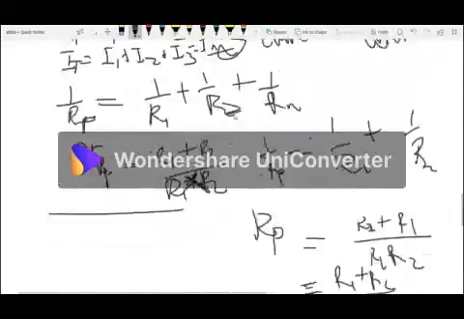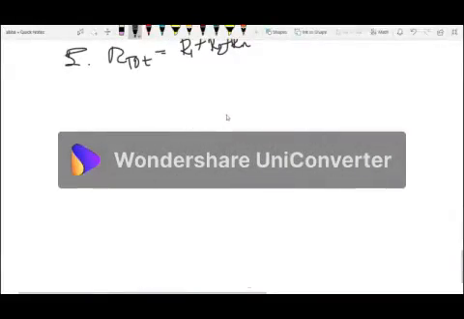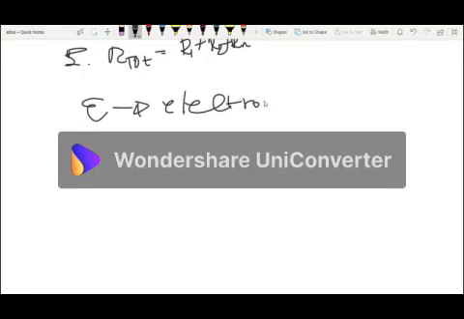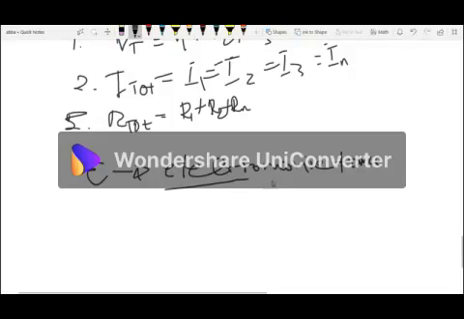So now we're going to add a twist to the story. All of these circuits have one thing that we know or we may not know, which is called the electromotive force. Now you may wonder, what is this electromotive force? Electro means electricity, motive means motion, then we have force.